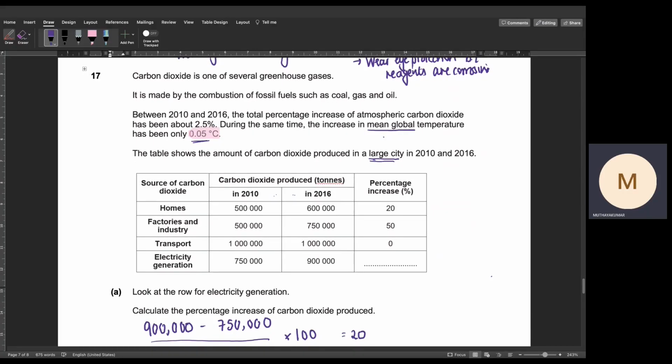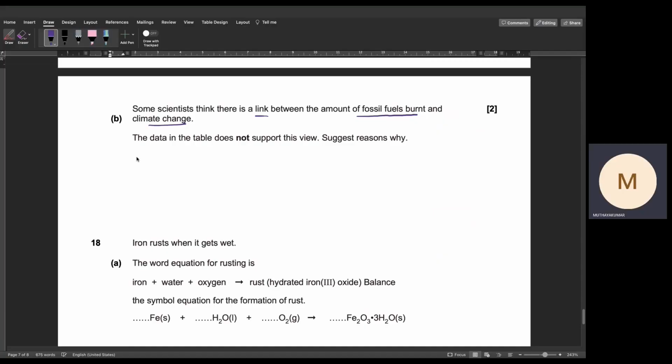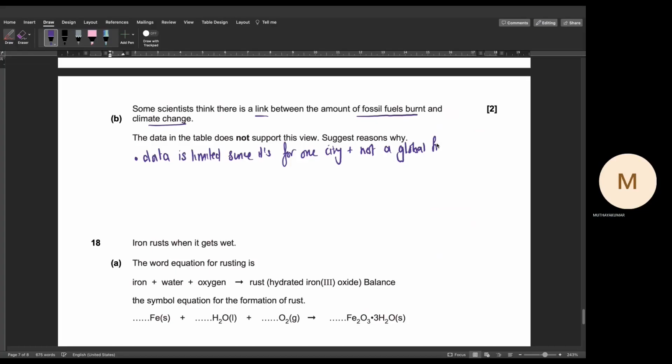We don't have enough data, as this data is for a particular city, whereas the temperature change is the mean global temperature. So our first point is that the data is limited, as it's for one city and not a global figure. So the table does not support this view as we don't have enough data.